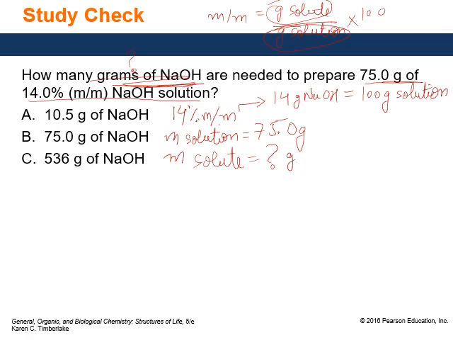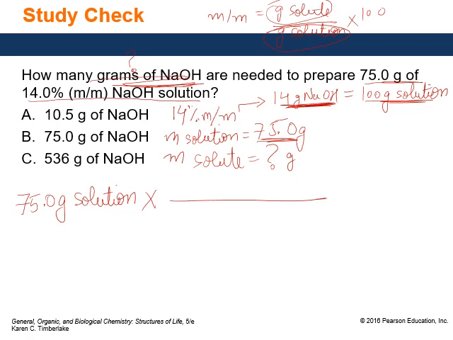Now the question is asking me to go from grams of solution to grams of solute. Do we have a conversion factor that relates grams of solution and grams of solute? Right here, grams of solution, grams of solute. So we can use this conversion factor to go from solution to solute. We start with what's given, which is 75.0 grams of solution.